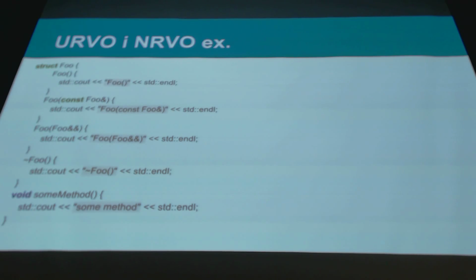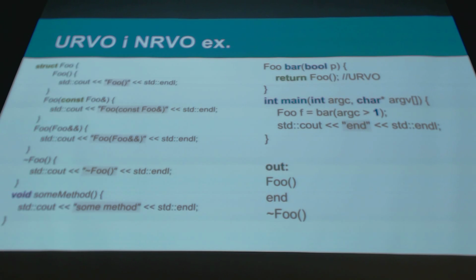So now that we know how RVO works, let's look at some examples. A simple class that will just output the constructor calls. Let's try with something easy. We have var, we return an unnamed object, and then we get output like this, right? We just construct one object, and as we can see in the code, we are constructing two objects, right?